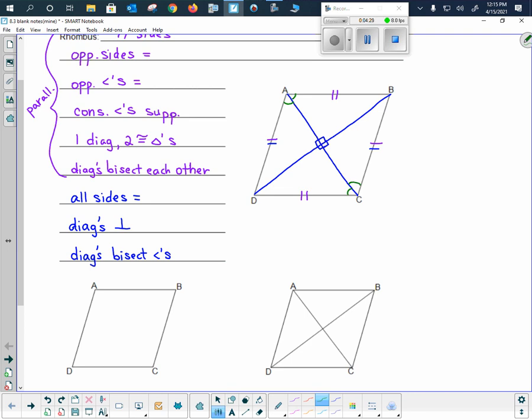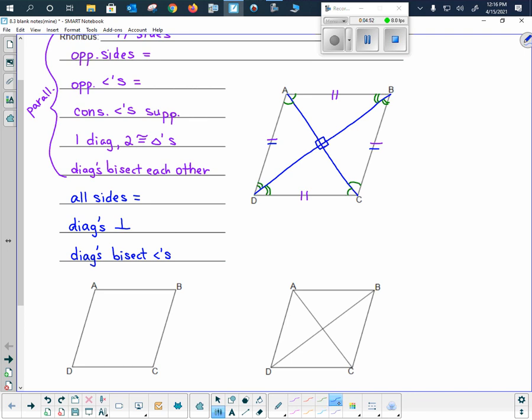Now, the other diagonal is going through a different set of angles, so don't make them the same markings, but it would bisect this whole angle and turn both of those parts equal to each other, and likewise both of those parts equal to each other. Maybe I'll leave those in the picture for you, if that's going to help.